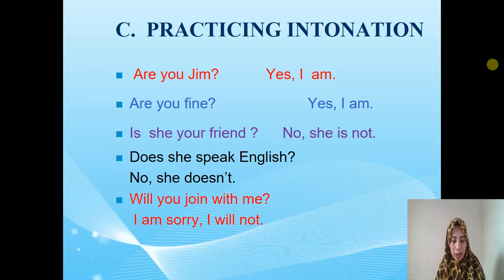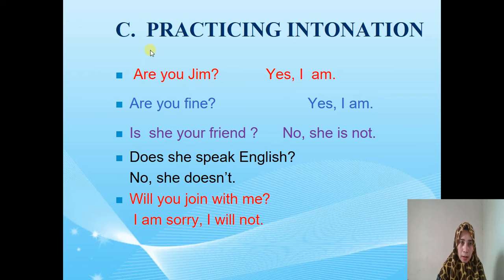Yes or no questions normally begin with auxiliaries or helping verbs such as am, is, are, do, does, did, have, has, and had. For example, are you Jim?